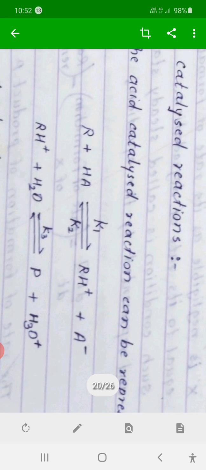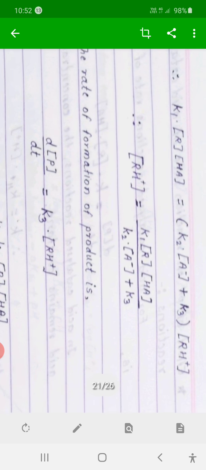Therefore, the rate of formation of intermediate is equal to the rate of removal of intermediate. In the same way, we write for this reaction K1 into concentration of R into concentration of catalyst HA is equal to K2 into concentration of A plus K3 into concentration of RH.